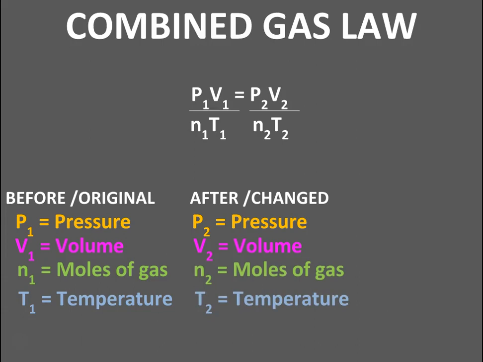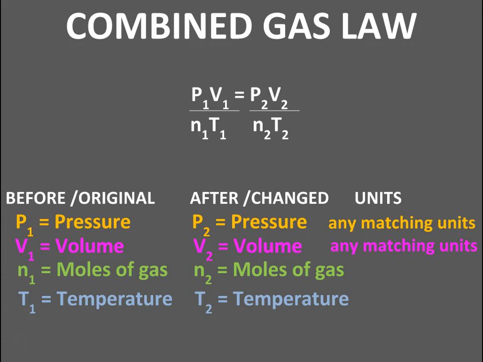A couple things that are really important to remember are units. When you are doing a combined gas law, for the pressure and the volume, it doesn't really matter what the units are as long as your P1 unit and your P2 unit are the same, whether it's kPa or atmospheres or millimeters of mercury or whatever your pressure unit is, they have to be the same for P1 and P2.